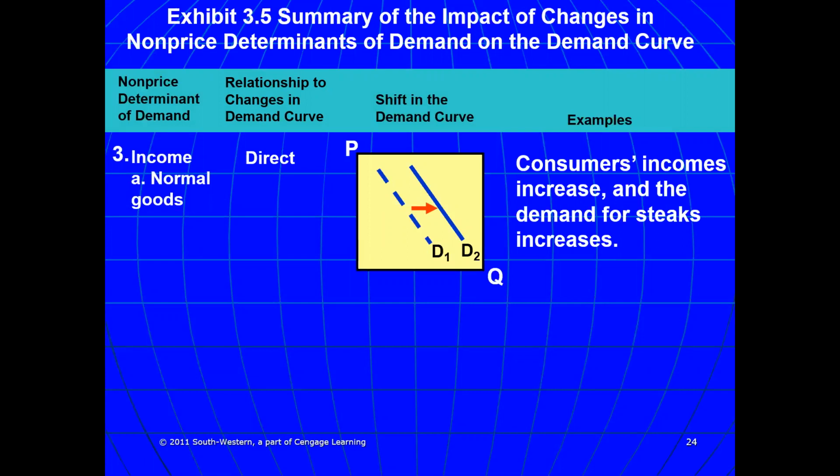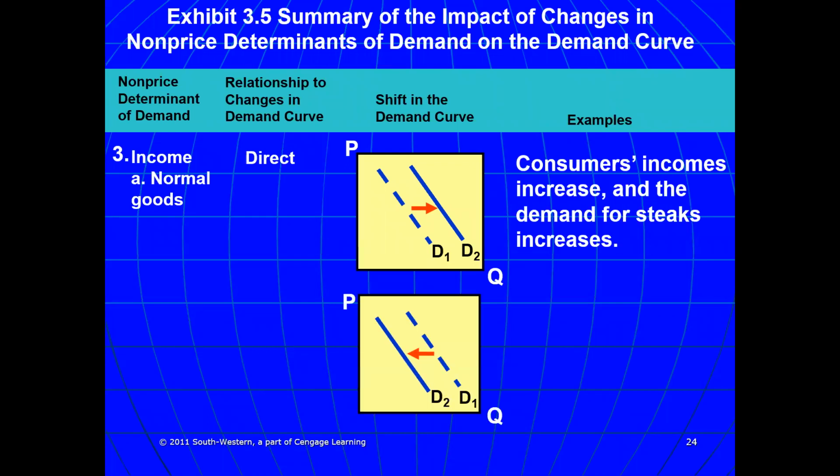Income is something that can shift demand, and a fancy way of saying that is a non-price determinant of demand. And there are two key terms that you've got to remember under income. One is normal goods. These are things like flat screen TVs, brand name clothing, going out to eat at Olive Garden. You want more of these when you have more money.